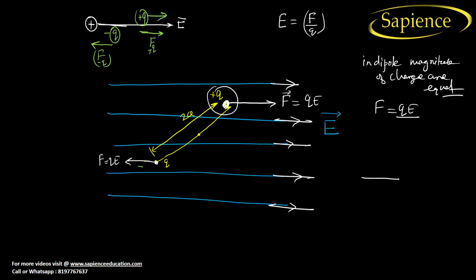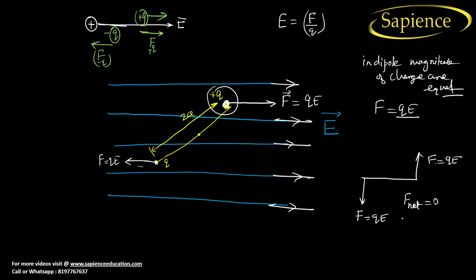When you studied mechanics in class 11, let us consider the force acting downward is equal to QE, and the force acting upwards is also equal to QE. So what is the net force?